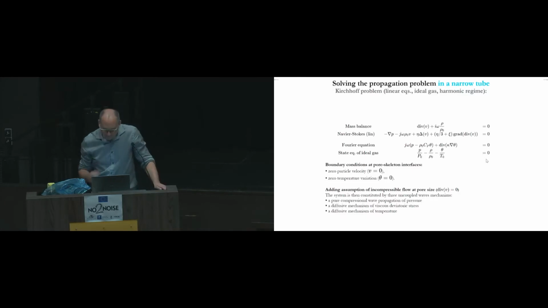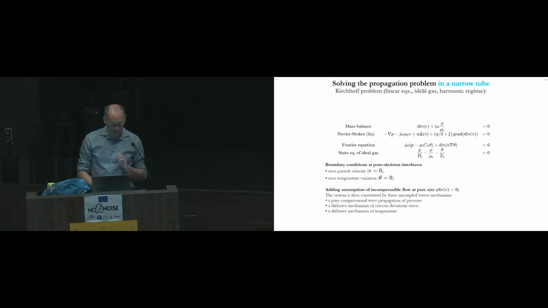Not so good. Okay, anyway, when we want to solve the wave equation not in free air this time, but for example in a narrow tube, so some kind of very basic porous material, we will need to rewrite some of the equations.